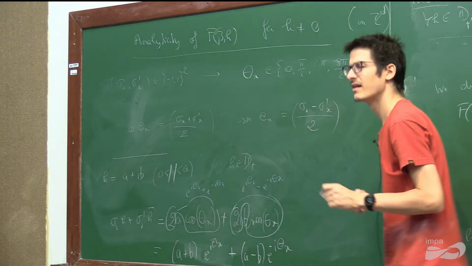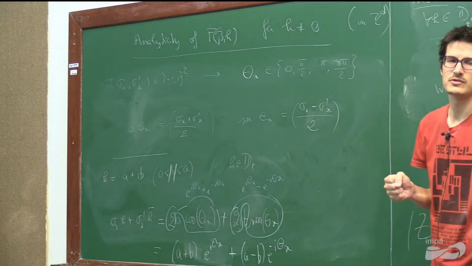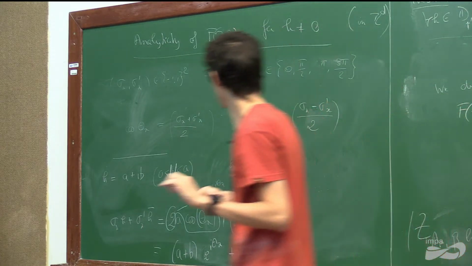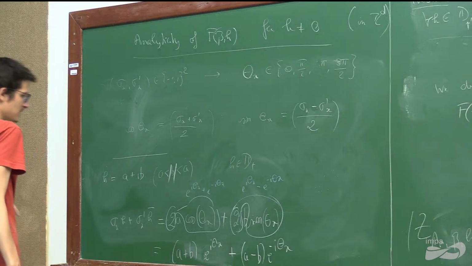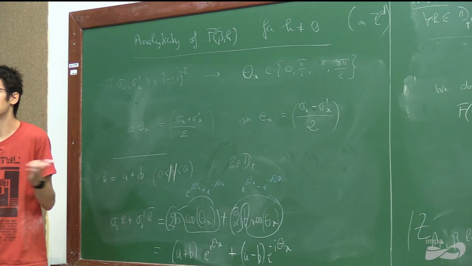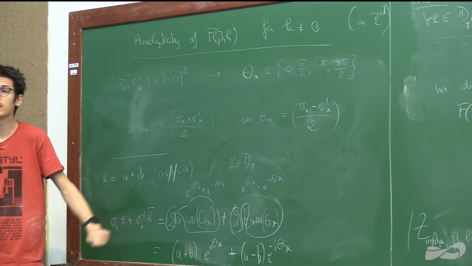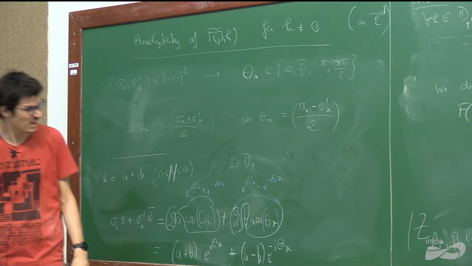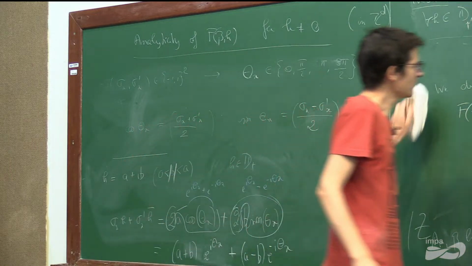Okay, and the place where the condition H belongs to D comes in is just that these two things, A plus B and A minus B, are positive. This is the only thing we need.